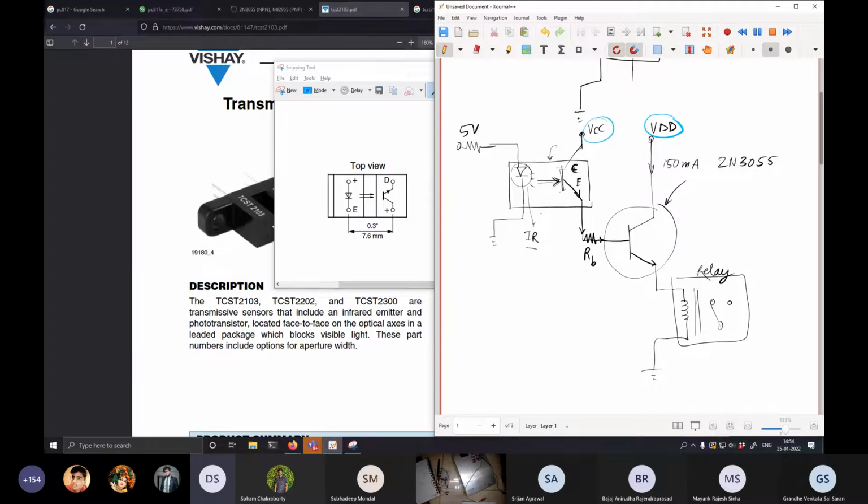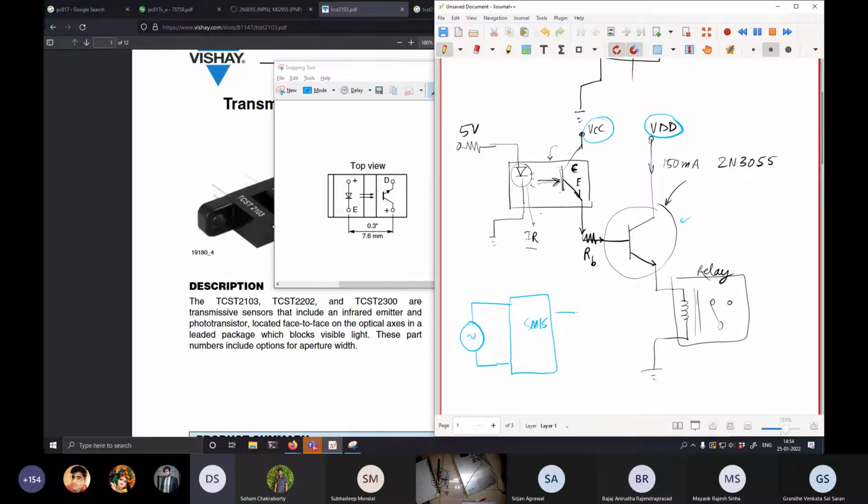But suppose this switching was to happen at 100 volt DC, because why not? Maybe you have a circuitry where you have mains, and you will find this in many machines as well. Then you will have mains going into an SMPS 1.